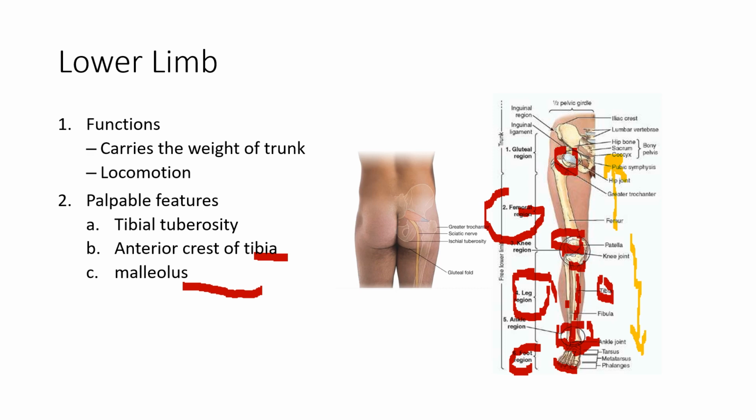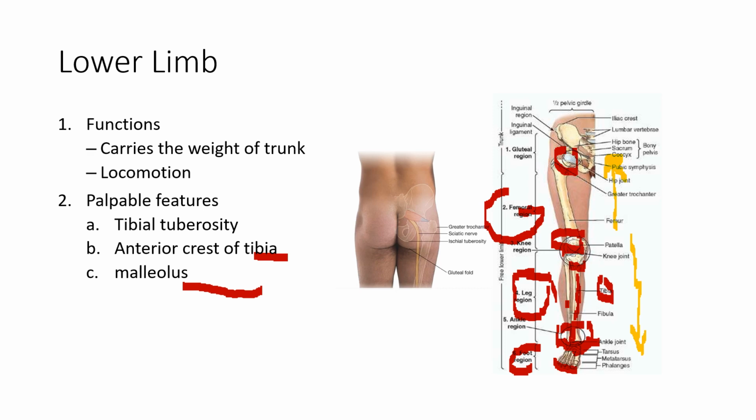So there are 2 ways in which you name these malleoli. The first is called medial malleolus or tibial malleolus. The first name indicates it's more medial in direction. The second name indicates the same thing, but tells you the bone on which the malleolus sits.